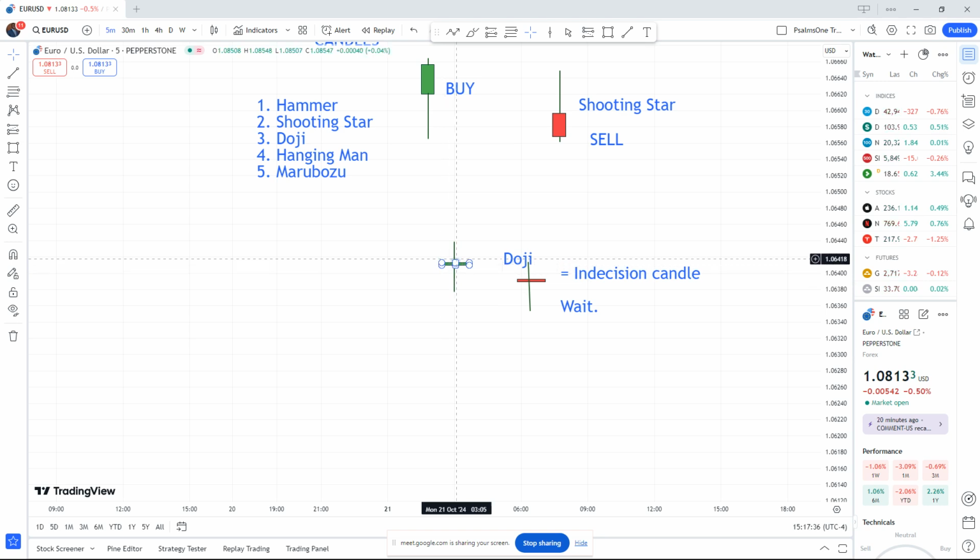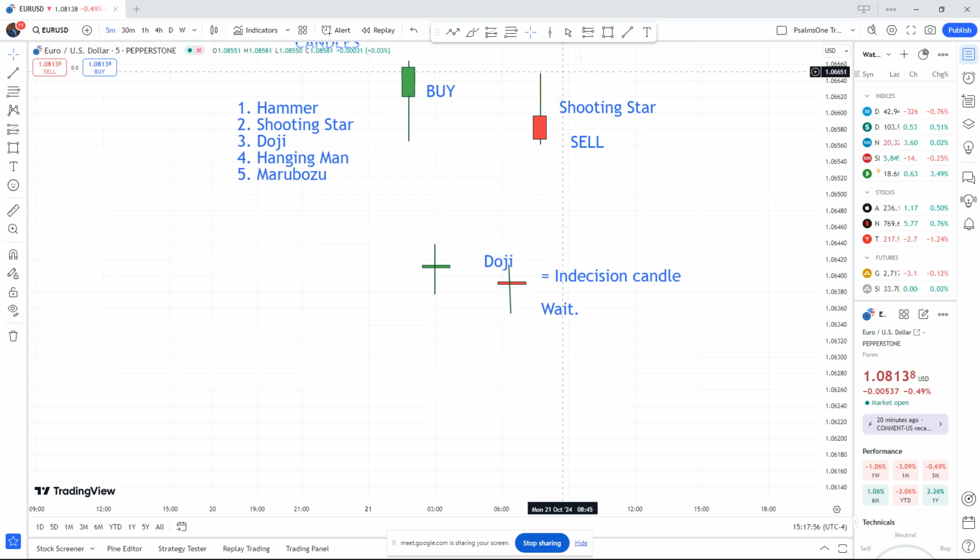And for a red candle, their opening price will be above because red is always going down, and their closing price will be below.